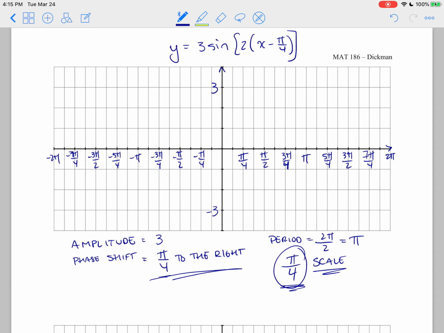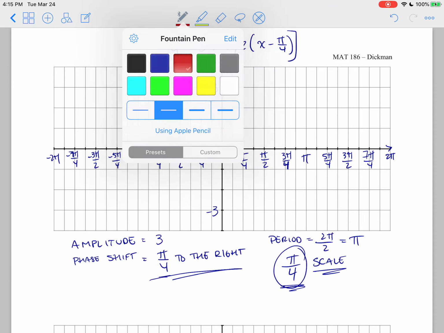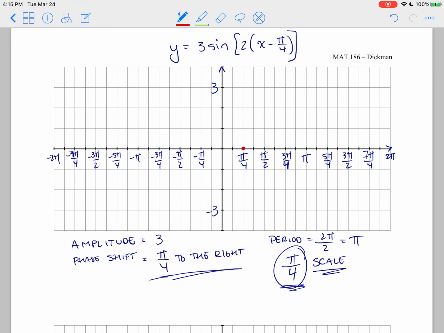And then vertically, I want to make sure that I'm going up to 3 and down to -3 because of my amplitude being 3. So normally sine would start at the origin, but it's shifted pi over 4 to the right, which is what this says here. So I'm actually going to start it right there. Let's just use a different color so it stands out a little bit better. And this scale is also how far it is from one key point to another.